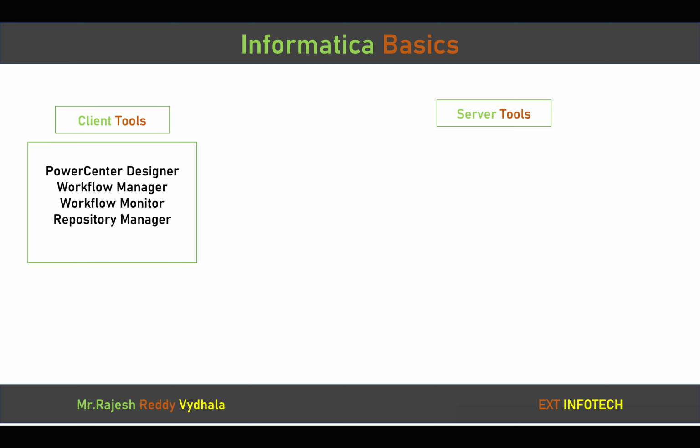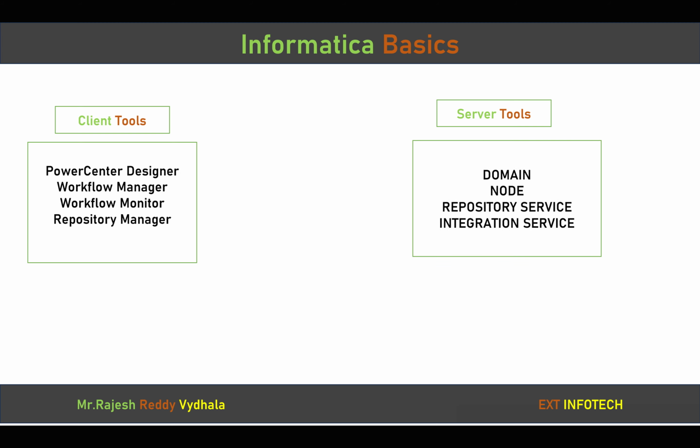These four tools come under the client tools. When it comes to server tools, we have domain, node, repository service and integration service. These four tools come under the server tools. Client tools come under Informatica developers, server tools come under the Informatica admins.